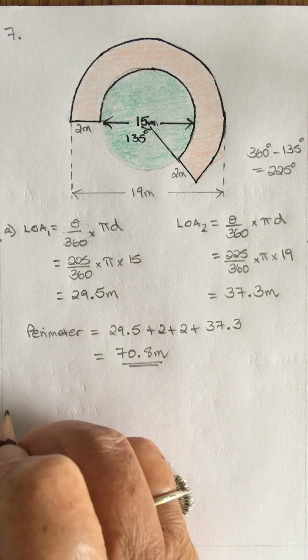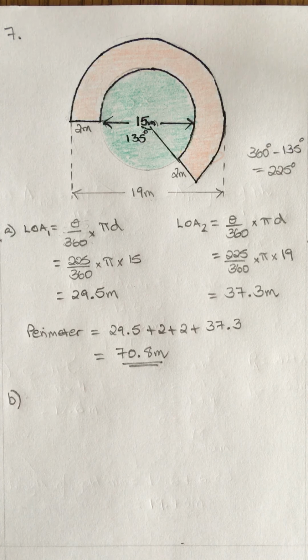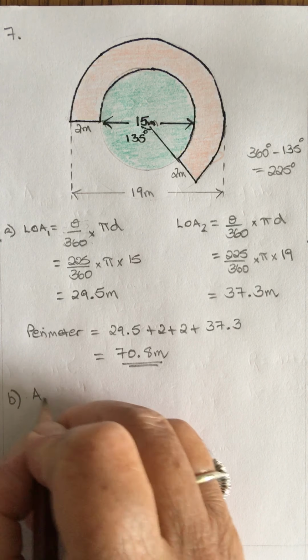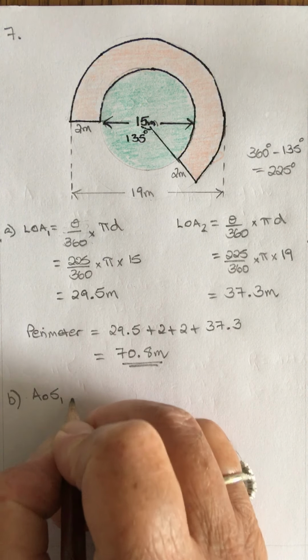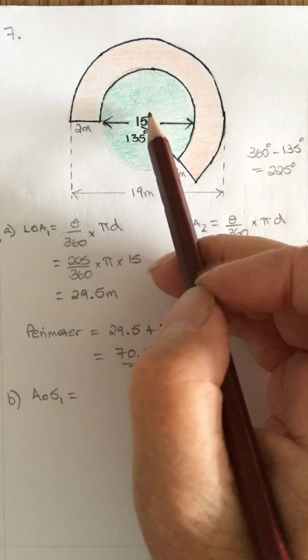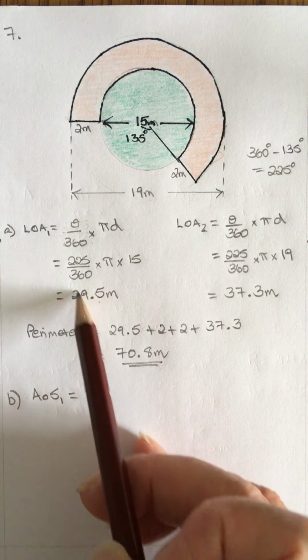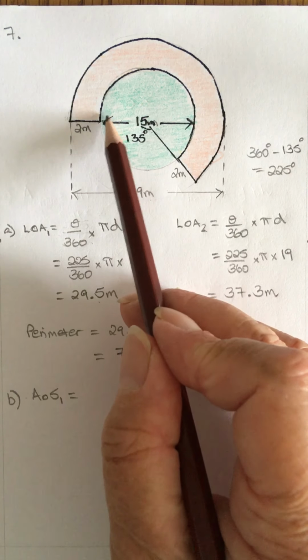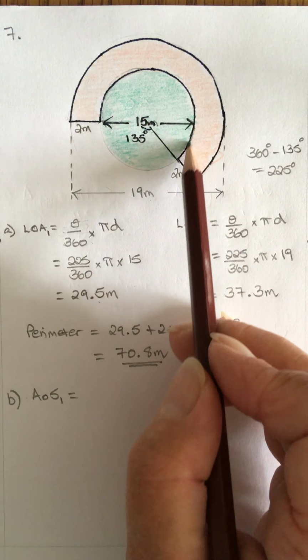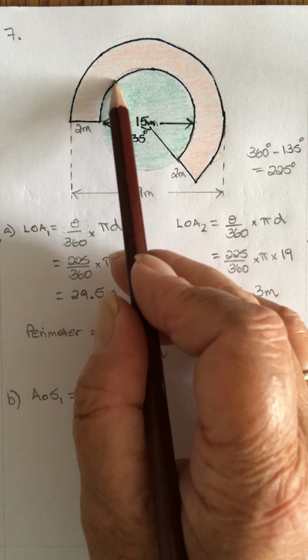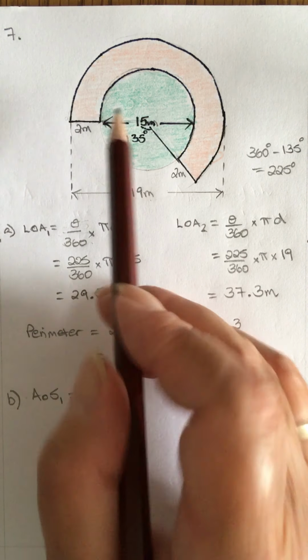So we need area of sector 1. We started with the smaller one, so we'll keep with the way we did it there. The area of this sector here, the wee one, is what we're looking at.